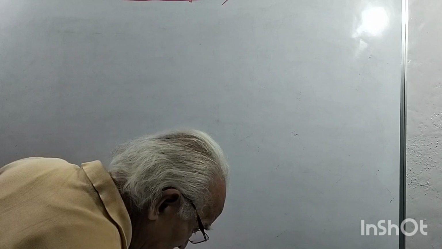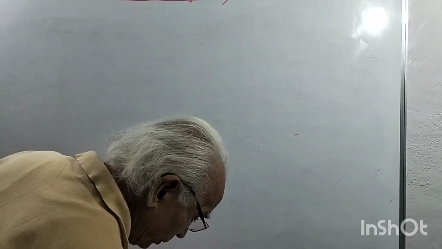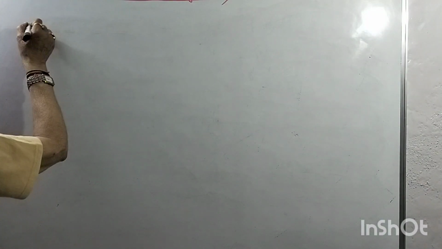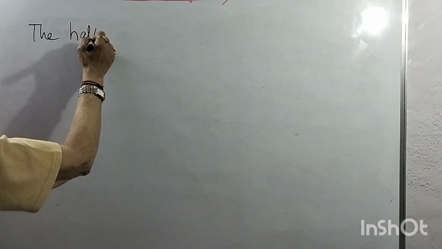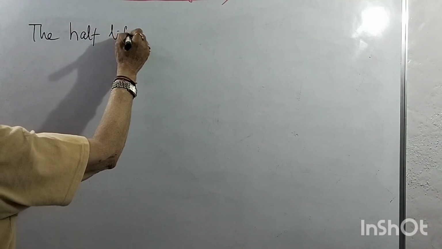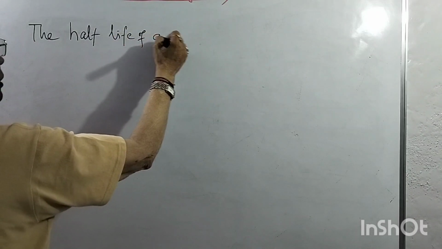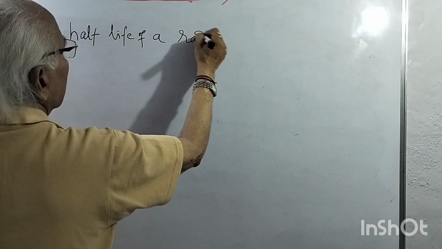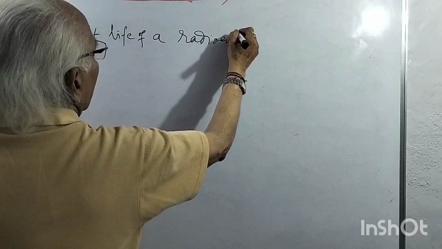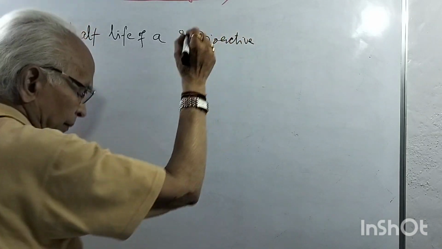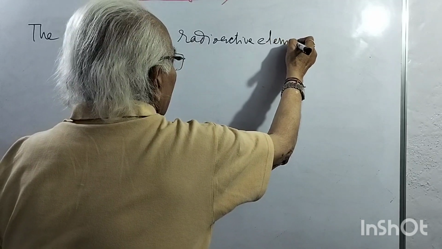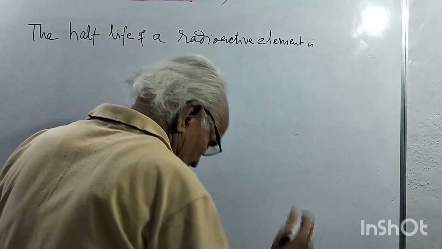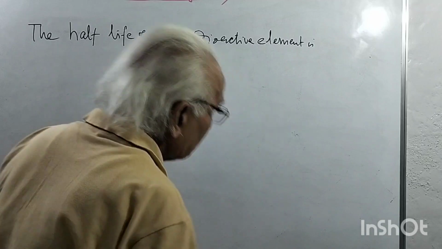The half-life of a certain radioactive isotope is 32 hours.